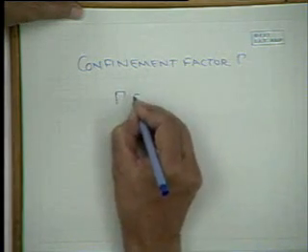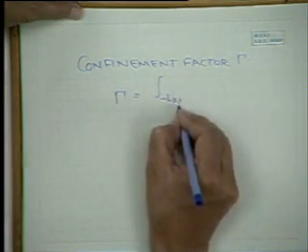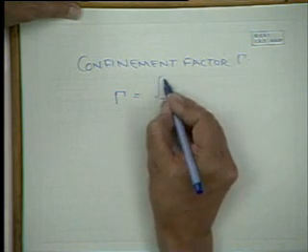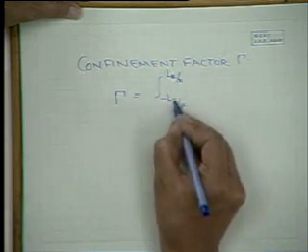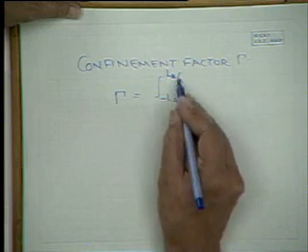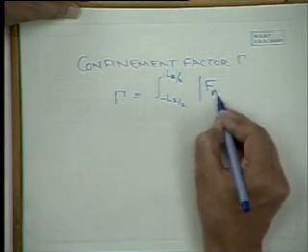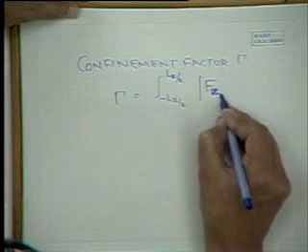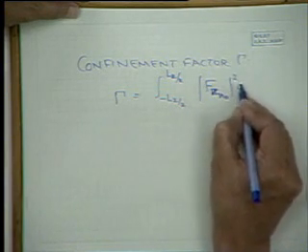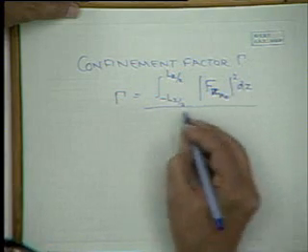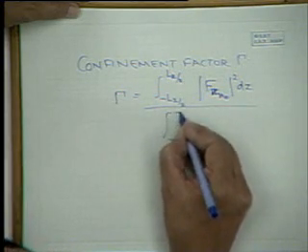Gamma is equal to the amount of the wave function within the well, integral from minus Lz by 2 to plus Lz by 2 of the envelope function amplitude fzn0 squared dz, over the whole thing going from minus infinity to plus infinity.